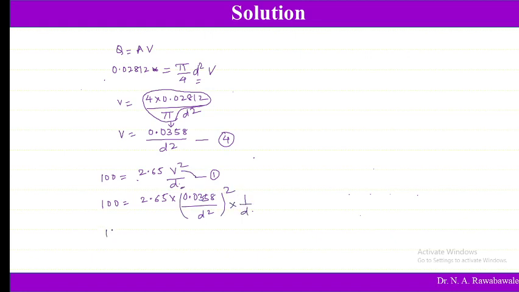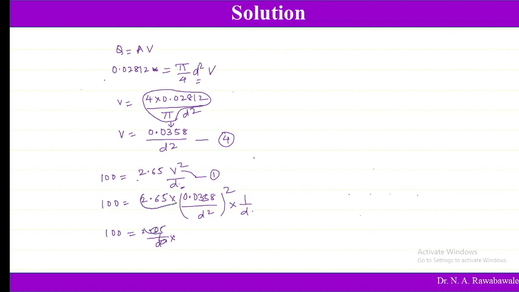So on simplification, 100 is equal to 2.65 divided by d into the square of this term.